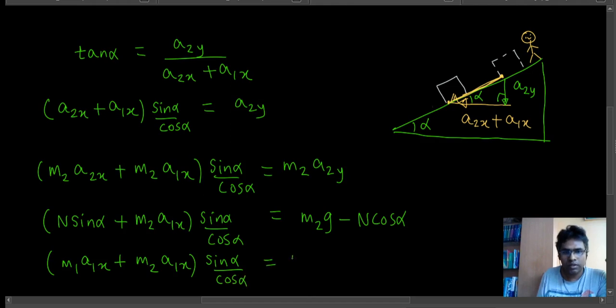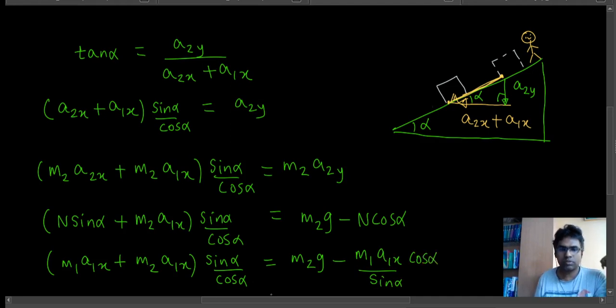Here on the right hand side I have m2g minus n cos alpha, and since n sine alpha is m1 into a1x, the value of n would be m1 into a1x by sine alpha, and then I'll borrow this cos alpha here. Now I think we are almost done.